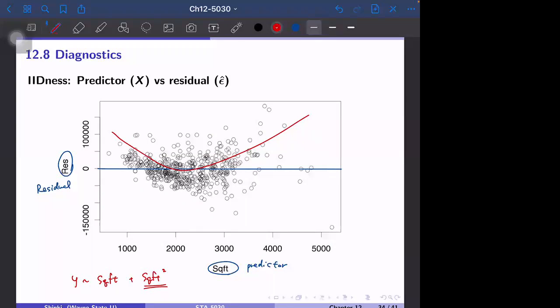If we have multiple predictors, you can check this for x1, x2, x3, and so on.